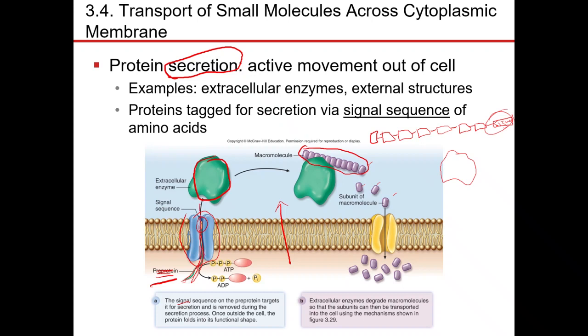So it is sent out. Once it is sent out, that's when it folds into its specific shape. It performs its job, and in this case, it's a hydrolysis function. It breaks this very large food molecule down into smaller pieces, and these smaller pieces are then taken into the cell for metabolism.